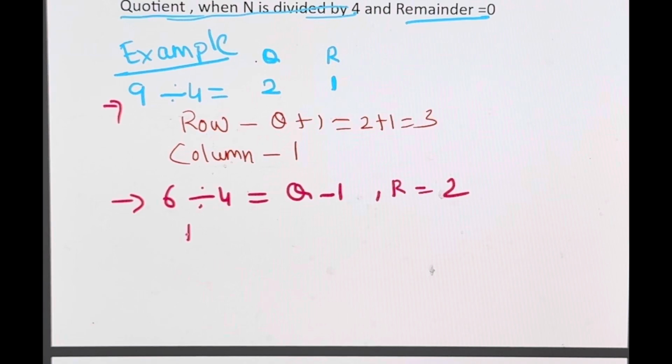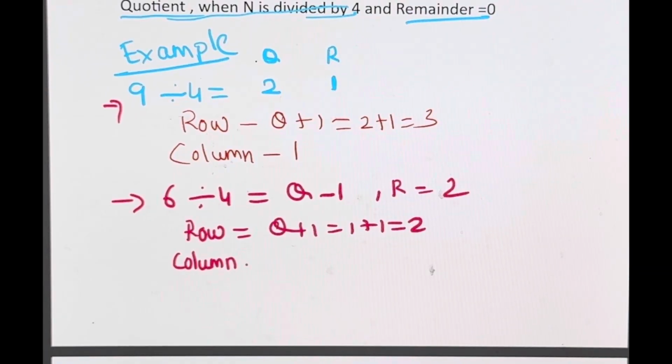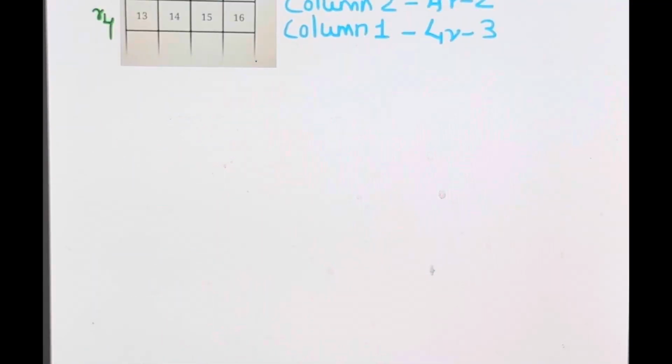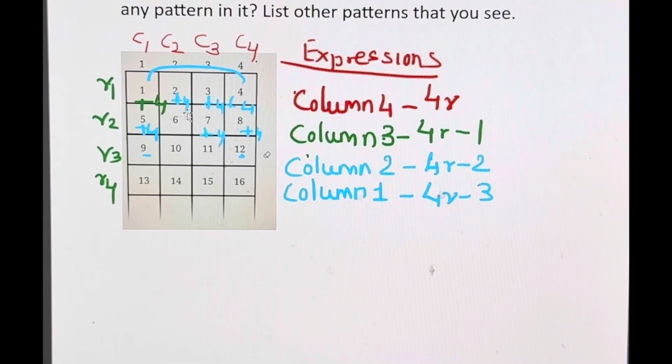So how to find the row? Row will be quotient plus 1, that is 1 plus 1, which is 2. And the column will be 2 itself, whatever is the remainder. So 6 belongs to row 2 and column 2. Let us check back with the grid. See, the number 6 is in column 2, row 2. Clear?